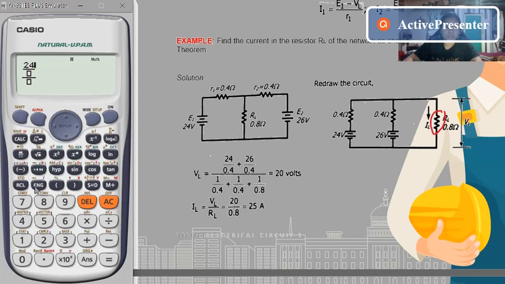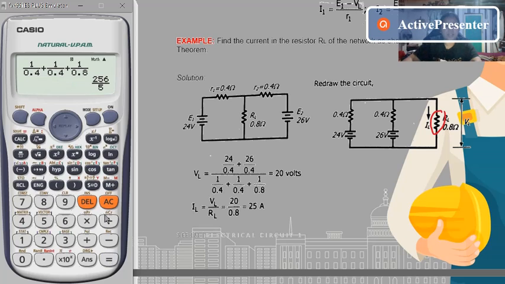So we have 24 divided by 0.4 plus 26 divided by 0.4, all over 1 over 0.4 plus 1 over 0.4 plus 1 over 0.8.